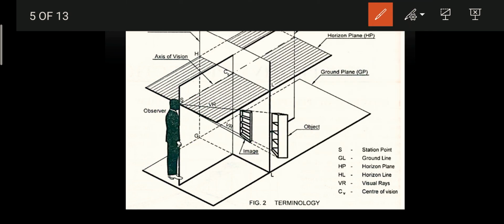Next is center of vision. Center of vision is a point. This is the center of vision. The center of vision is at the level of the observer's eye.